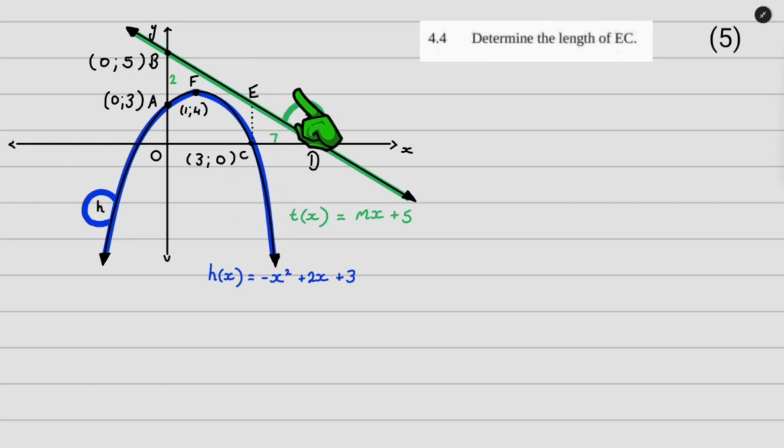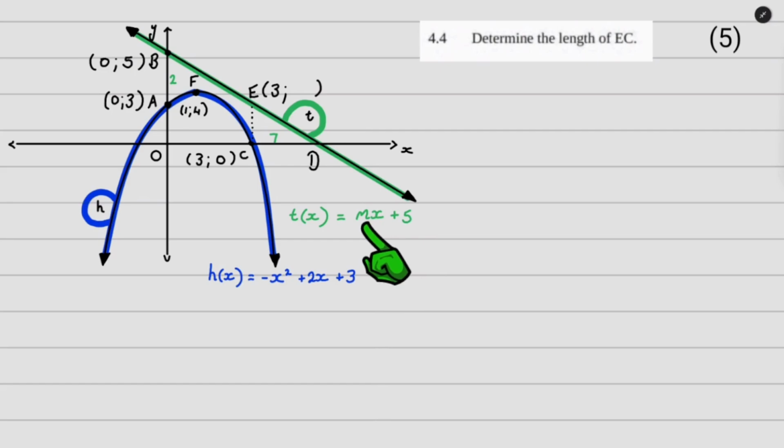We don't have the y value on top. So now I want to get the coordinates of E to make this happen. So to get the coordinates of E, I need its x value. And its x value will take the same x value as C because that is a perfectly vertical line. And then once I've got the x value of 3, I just want to sub that in here to get the answer.